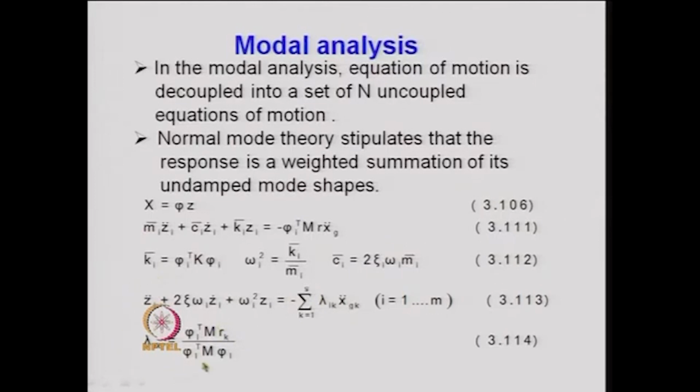Let me try to elaborate on this lambda I k. If the ground acceleration is not varying from support to support, that means at all supports you have the same excitation time history, then in place of r k it becomes I, that is, the influence coefficient vector 1 1 1 1. In that case it becomes independent of k, and we have a unique value of lambda I defined for the ith mode.